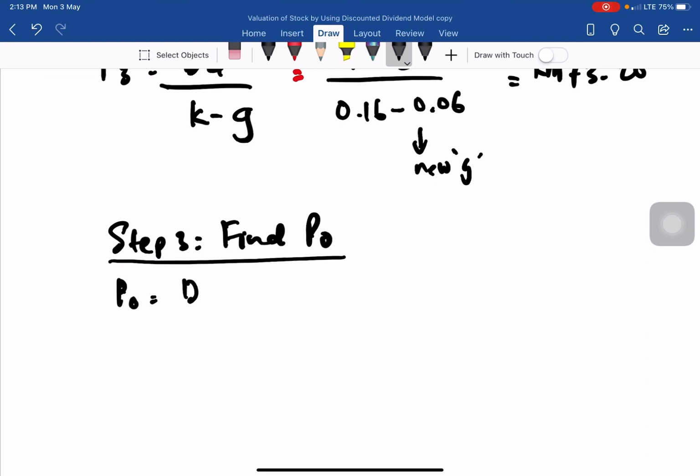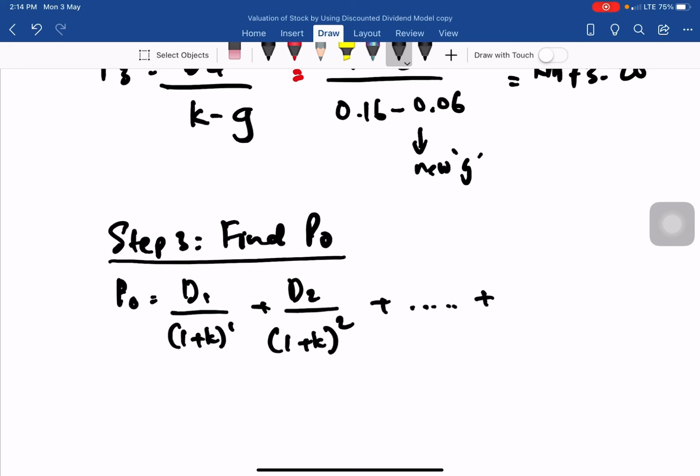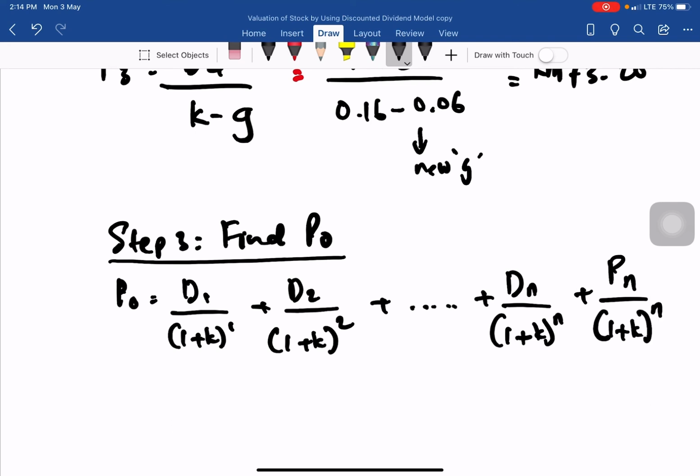Formula biasa tadi, D1 over 1 plus K power of 1 plus D2 over 1 plus K power of 2 plus sampailah Dn over 1 plus K power of n plus Pn over 1 plus K power of n. So, because of yang tadi ni, n ni tadi kan year 3 kan. So, kita D3 and P pun P3 lah.